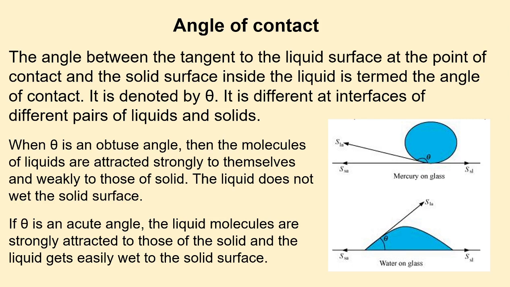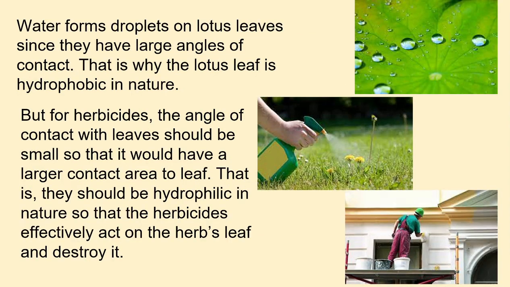Okay, we know water forms droplets on a lotus leaf since they have a large angle of contact. That is why the lotus leaf is hydrophobic in nature. You can see the water doesn't wet the lotus leaf. That means a water drop has less contact area with the lotus leaf surface.